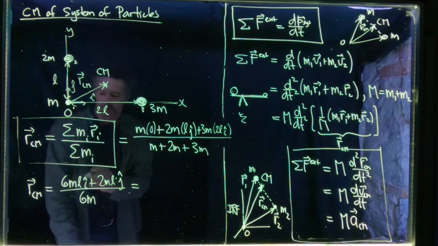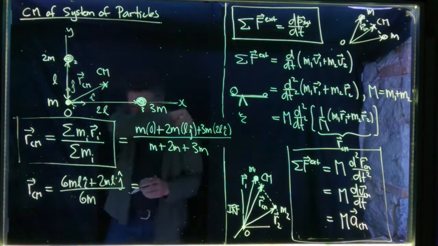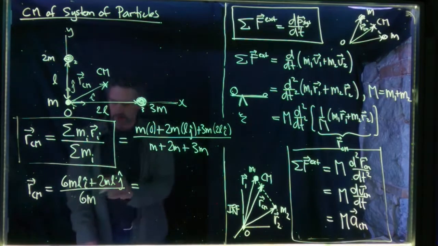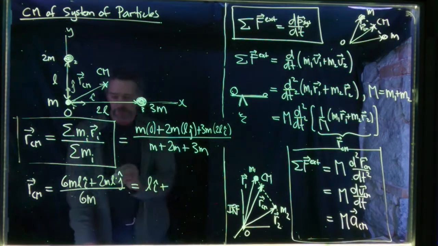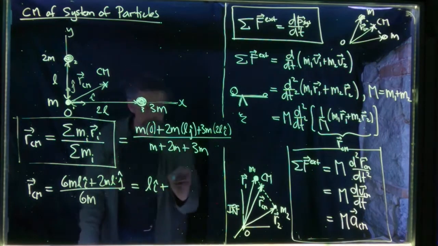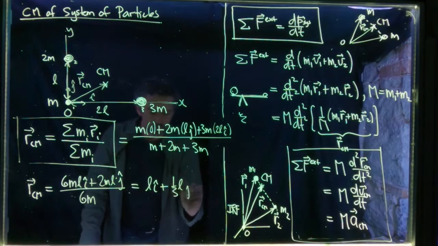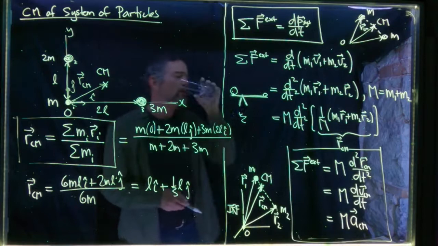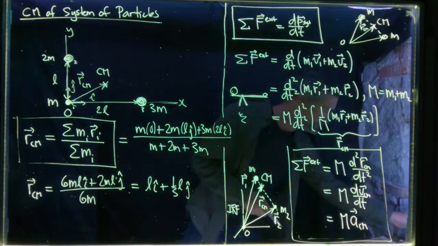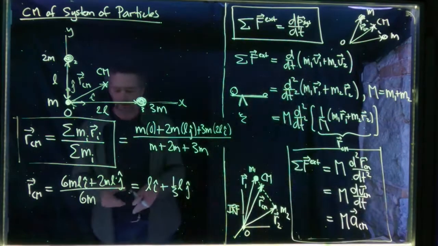So 6mL divided by 6m is L. So it's L in the i hat direction, plus 2m over 6m is 1/3 L in the j hat direction. So very good, that's RCM.